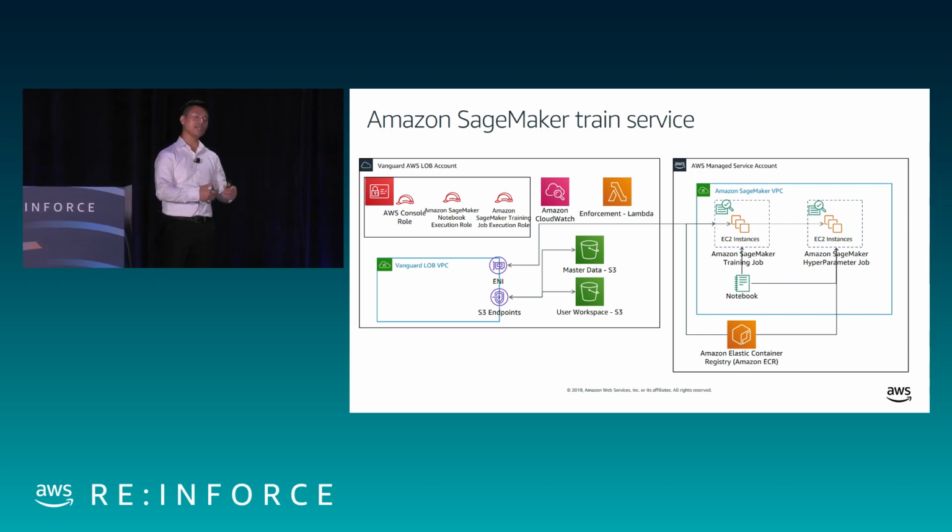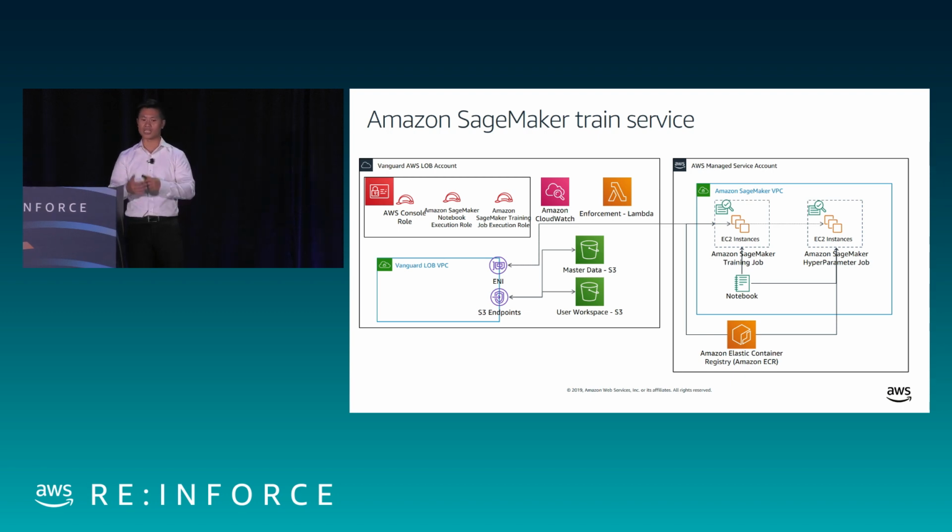For an easy experience, we allowed users to create this training job right from the SageMaker notebook. They can use Boto3 and the SDK, and in the API, they can specify the instance type, number of instances, the KMS key, and the VPC configurations.